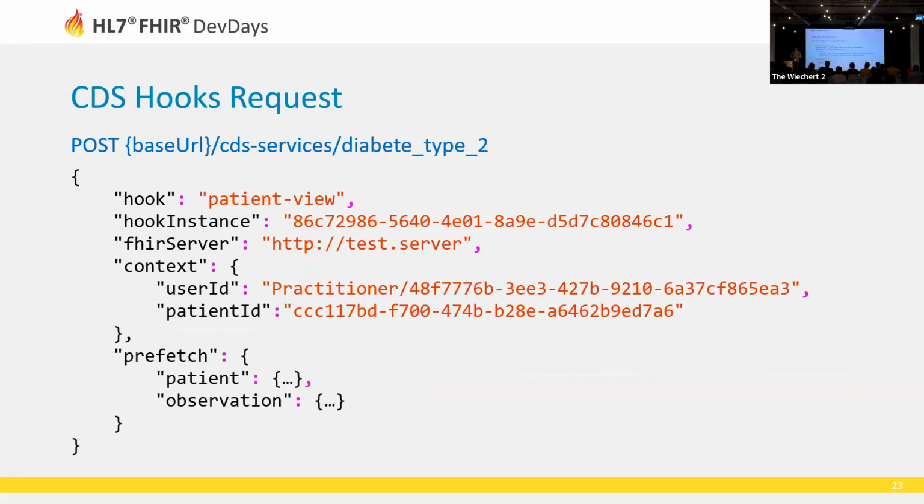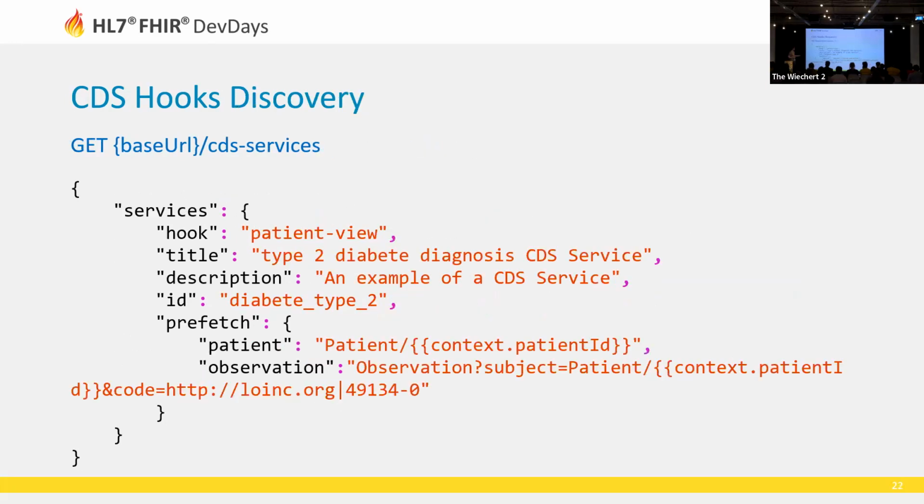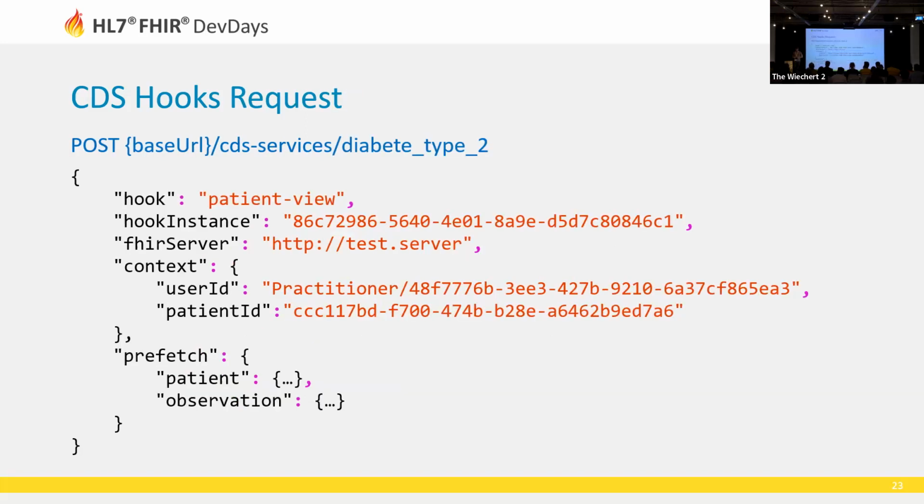So then you can actually call the service. So you post on the service using the ID of the service that you discovered in the discovery, and then you have your hook instance, so the client can later track down which response corresponds to which hook, because many patients could be, for example, open at once.